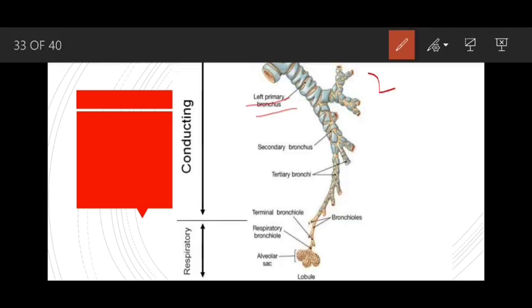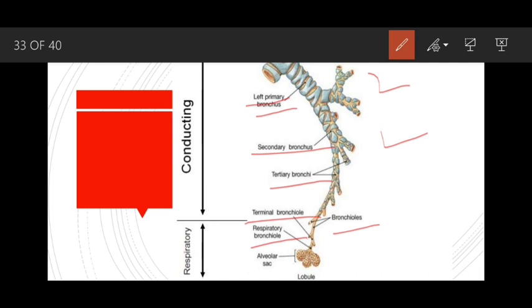The principal bronchus is further divided into two divisions, right? Then the secondary bronchus and tertiary bronchus divide into small branches, 10 in number, and these divide further into small bronchioles known as terminal bronchioles, and the terminal bronchioles divide into respiratory bronchioles, right?